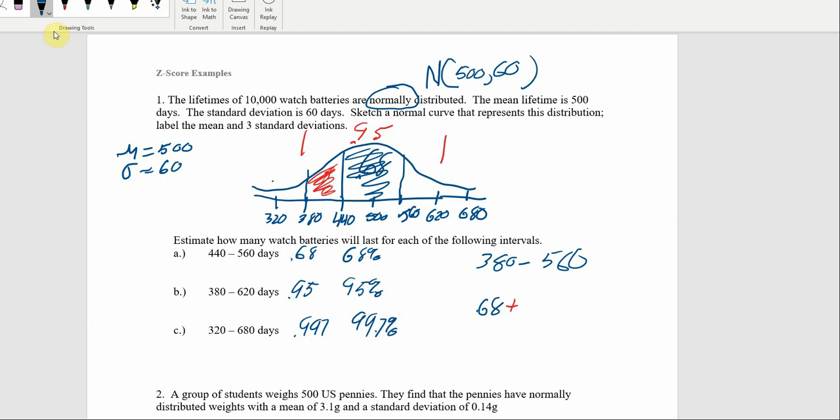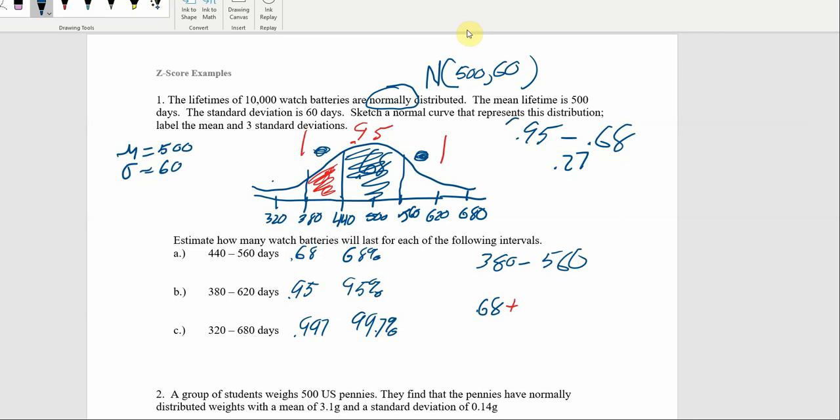So let's take 0.95 and subtract 0.68 from it, which is 0.27. But that 0.27 takes in this part and this part, and we only need half of that.